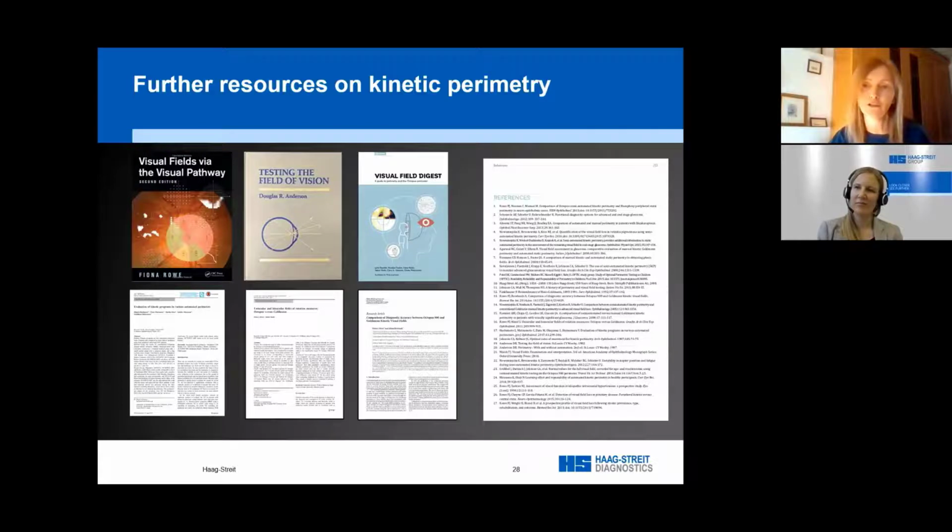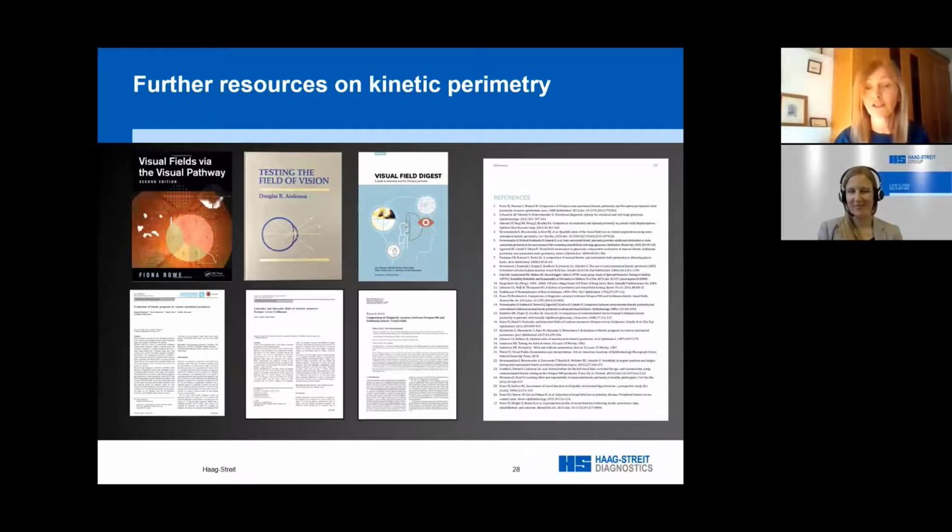It'll give very good background and results from using kinetic, along with some very detailed discussions about the importance of those results and that type of perimetry for certain conditions and indications. Anyone can do a literature search on PubMed. It's free, and you can pull the publications on kinetic perimetry from that.